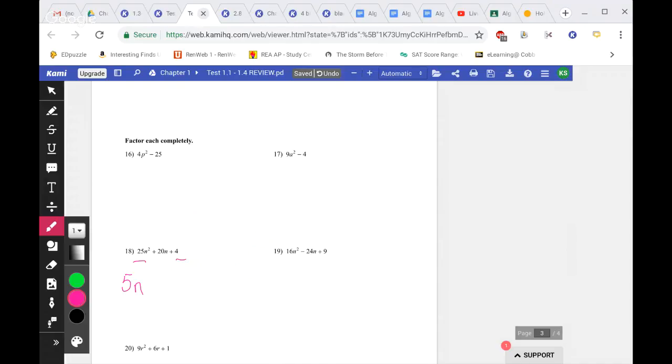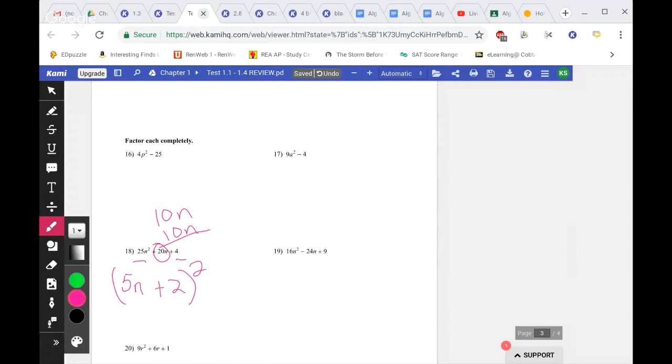And what is the square root of 4? 2. Right. If I multiply 5 times 2, what do you get? 10. And then if you add 10n together, what do you get? 2 10n's. 10n and 10n is 20n. And that's the middle term. Right. So the answer is 5n plus 2. Okay. Does that make sense?